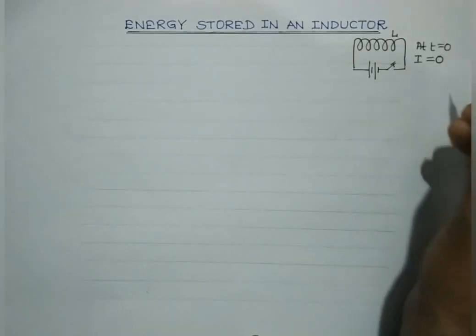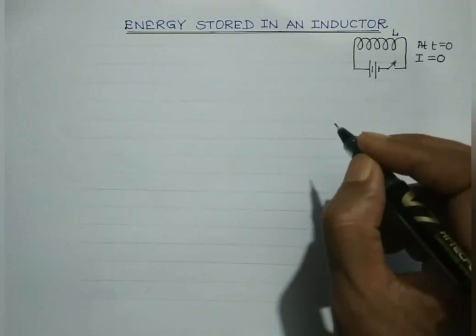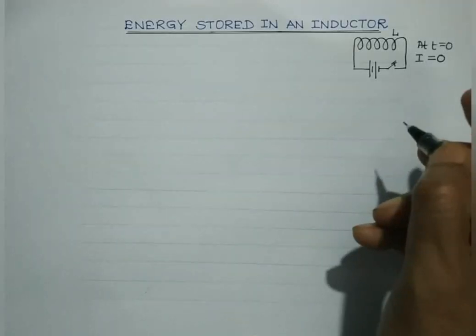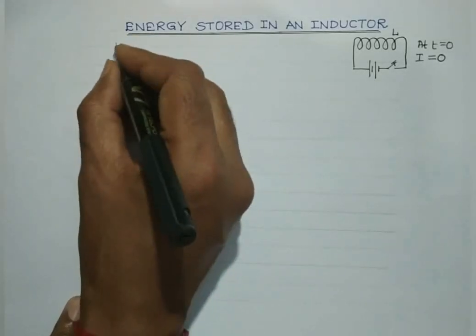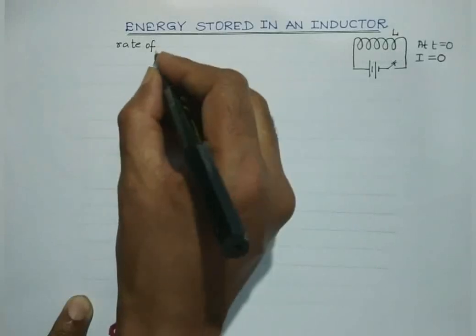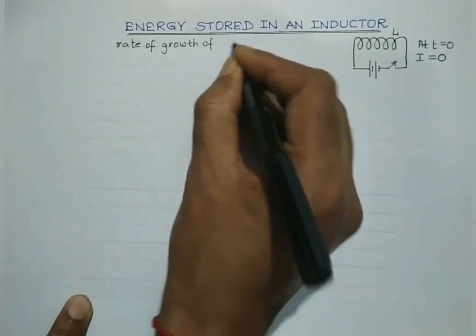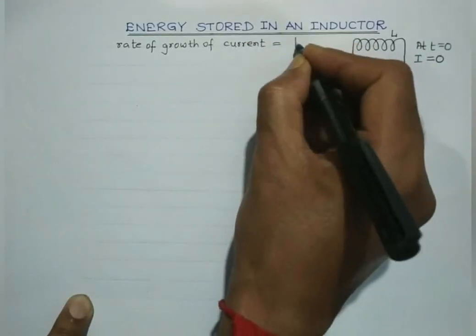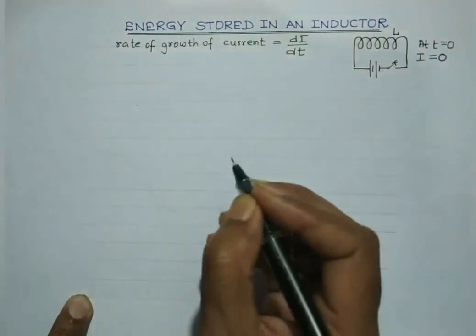And let at any instant the current in the inductor is I, and the rate of growth of current at that time is equal to di by dt. This is the rate of growth of current in the coil, right?